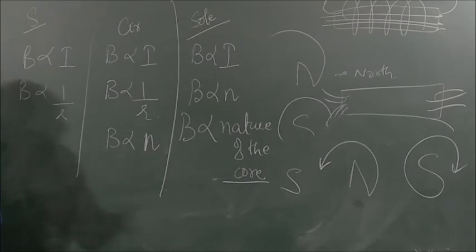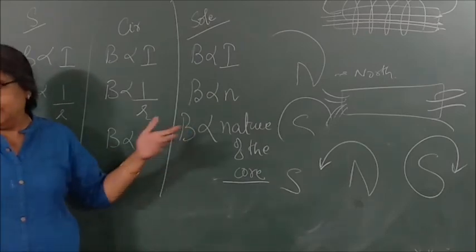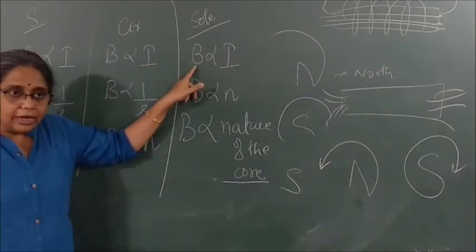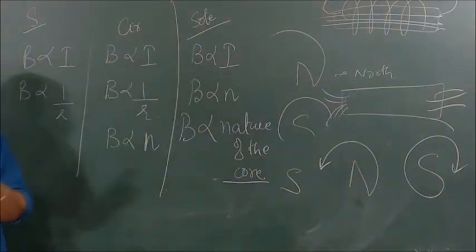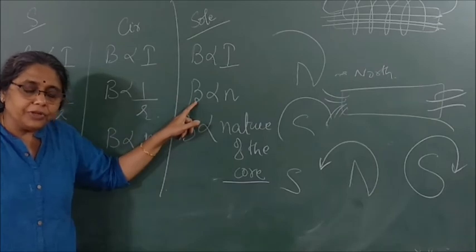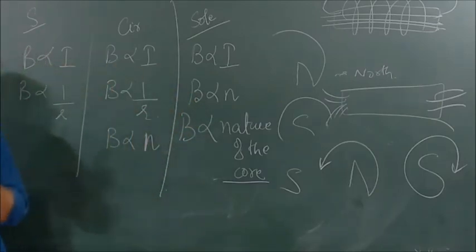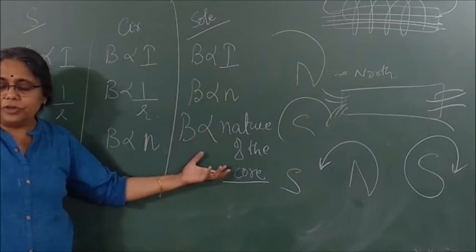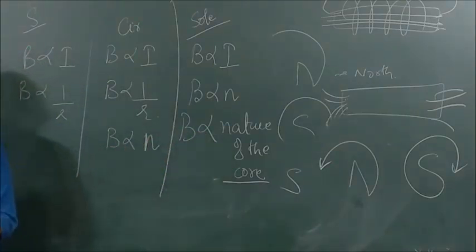If it is iron, the magnetic field will increase, because electromagnets are very strong and powerful magnets and they generate quite a good amount of magnetic field. So the three factors are: increase the current, magnetic field increases; increase the number of turns of the copper wire, magnetic field increases; and change the nature of the core. If it is an iron core, then the magnetic field increases.